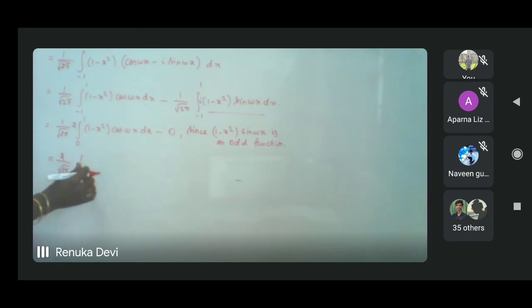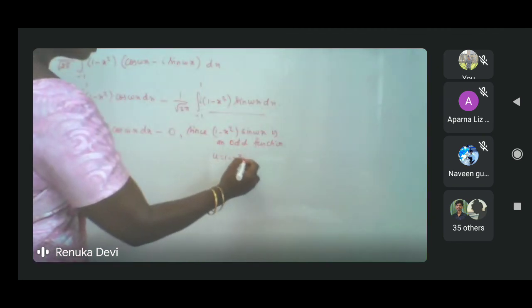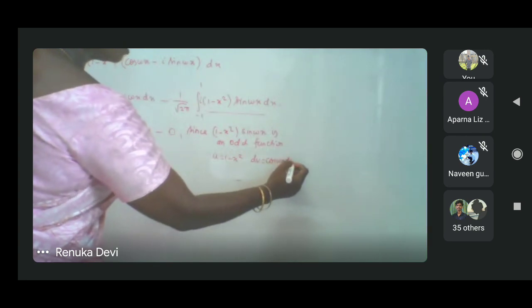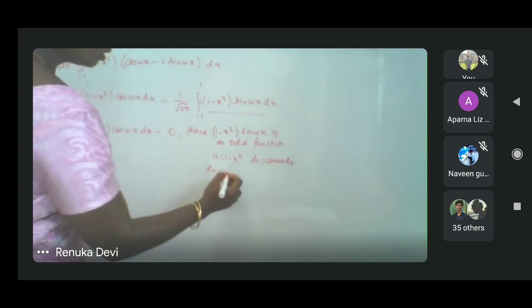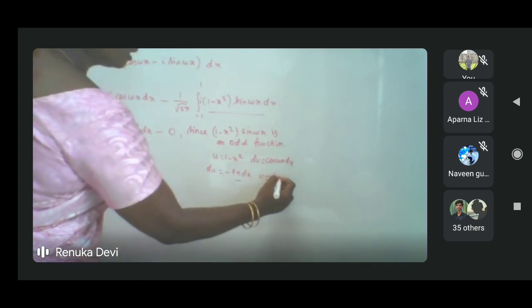What is your u? u is 1 minus x squared, dv is cos wx dx. Therefore, what is your du? Minus 2x dx. What is your v? sin wx by w.